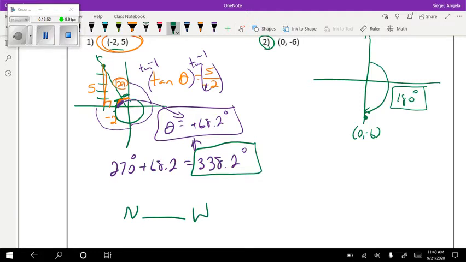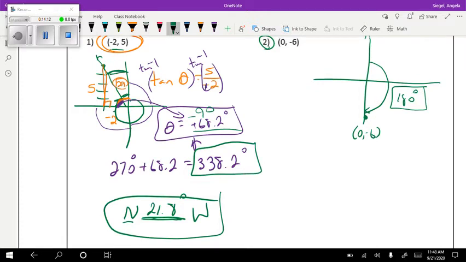We're going to start at north and we have to figure out what that angle measurement is. So I'm just going to take 90 minus 68.2 and I'm getting 21.8. So you're going to start at north and go 21.8 degrees west. That's the way of looking at this one.